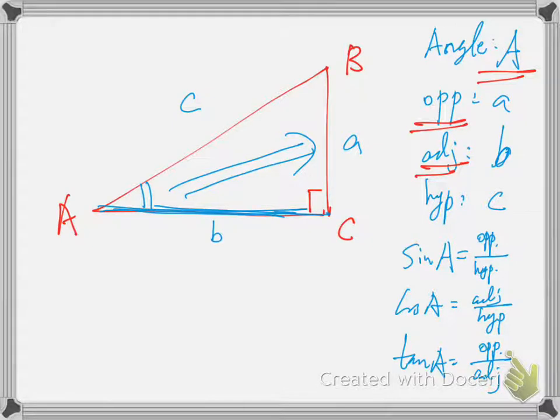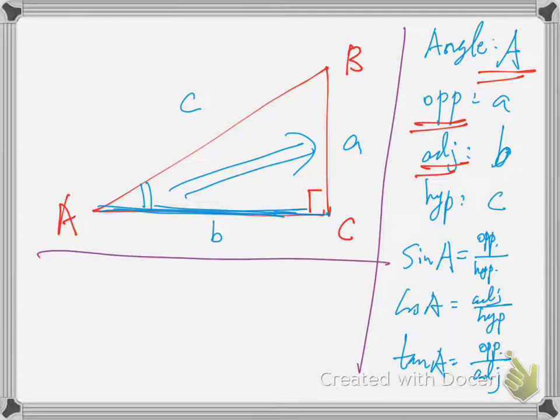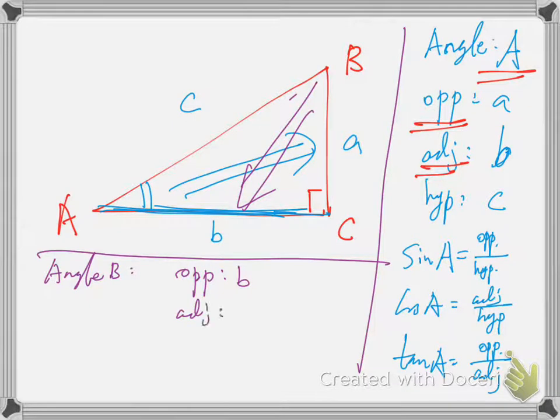Now if you look at angle B, what's the opposite side of angle B? It's the B side, right? And the adjacent side of angle B will be A, since the vertical side is a part of angle B. Hypotenuse is c.